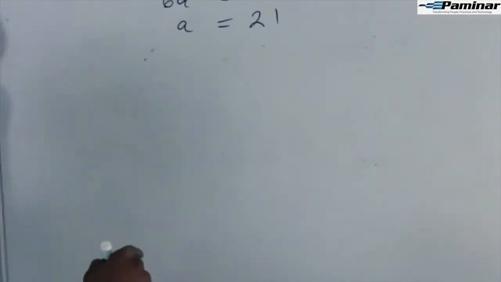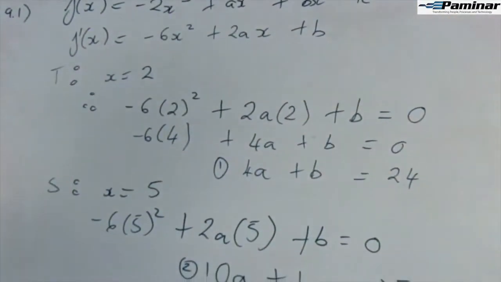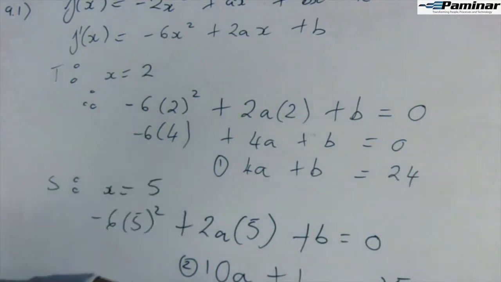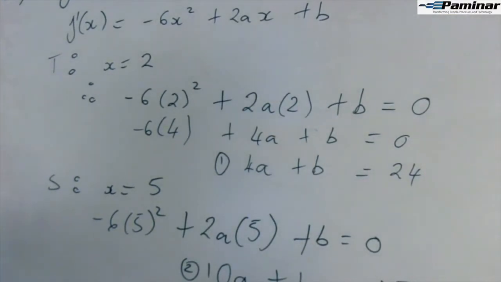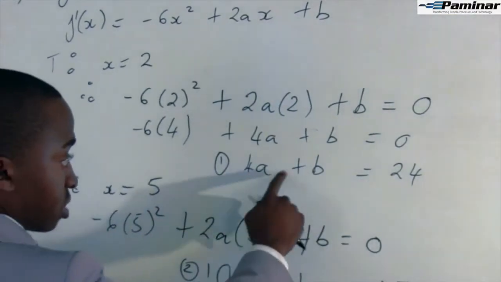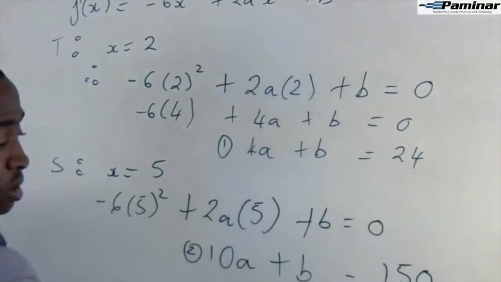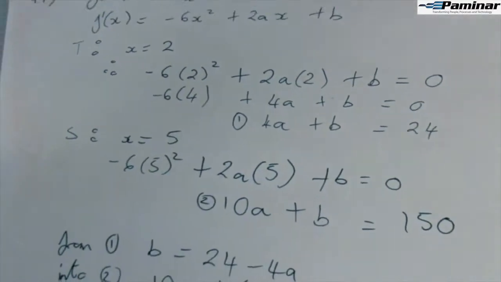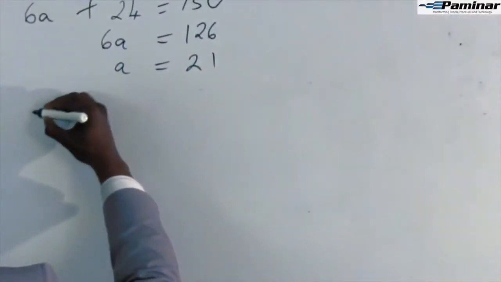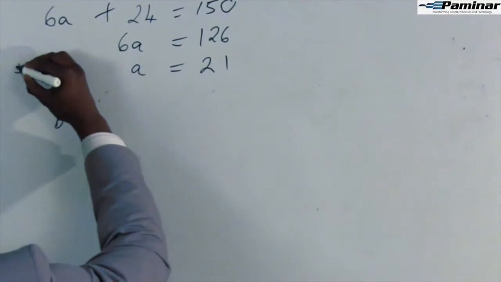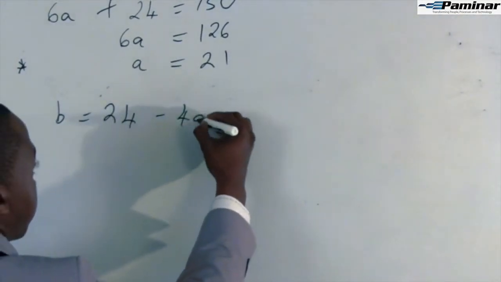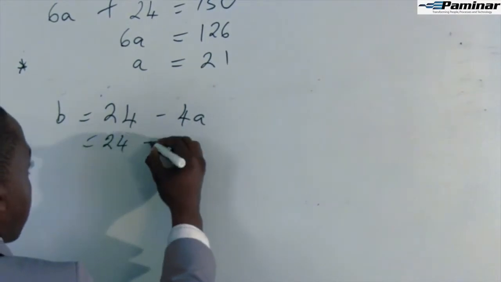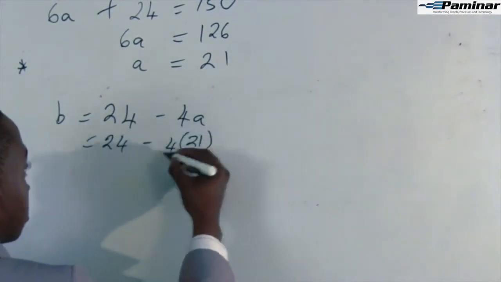Then to find b, since it's simultaneous, we can resubstitute into either one of the equations, 1 or 2. So we've got a is equal to 21. We know that b from here can be 24 minus 4a, which is 24 minus 4 times 21.